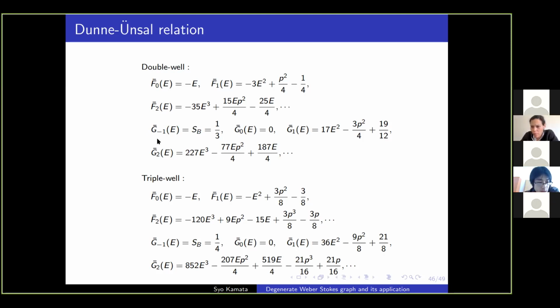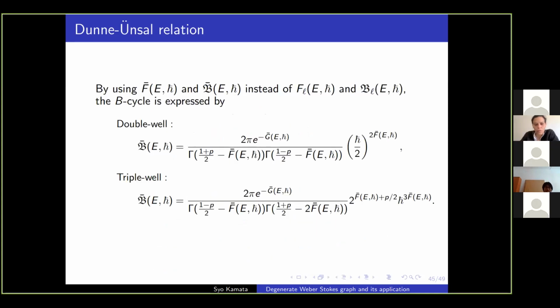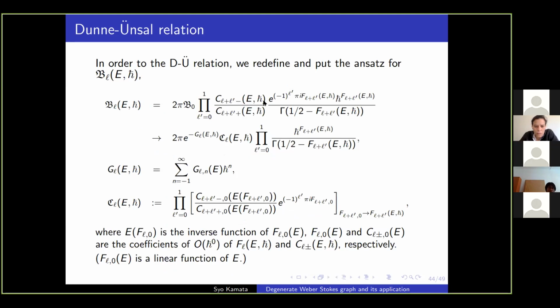For the degenerate Weber? Yes. Actually, it's a bit complicated. In Jean Justin's paper, he didn't use this exact WKB method, but his method is applicable for our situation. This is essentially the same as calculating C for all orders, but if you use the Mellin transformation or that kind of technique, this calculation can be done easily.